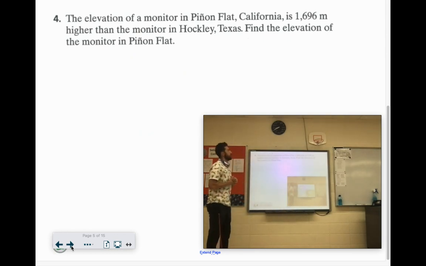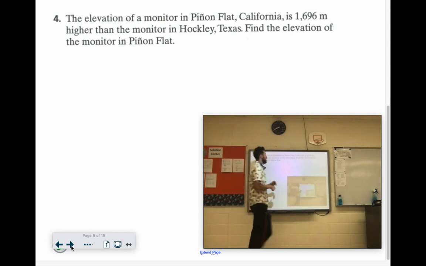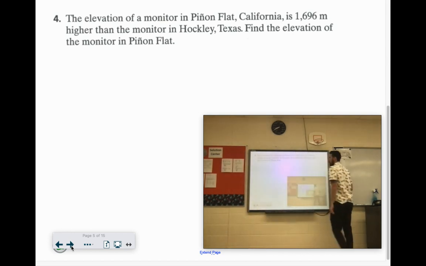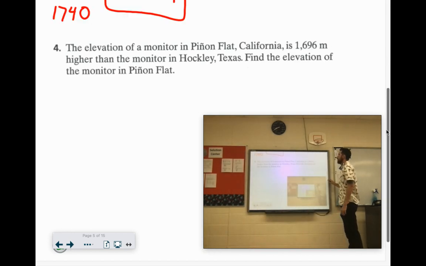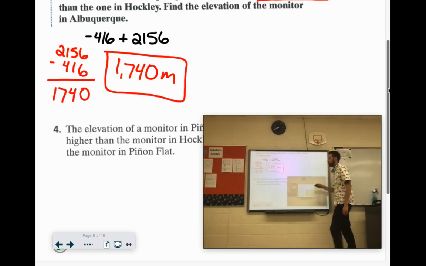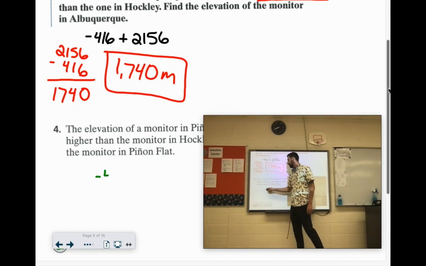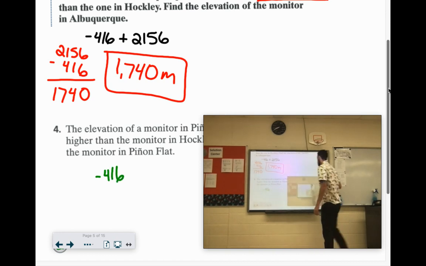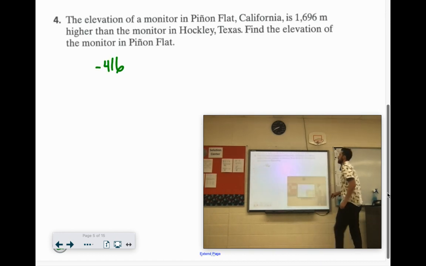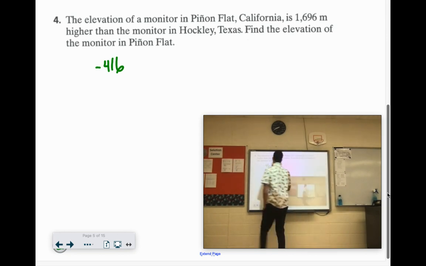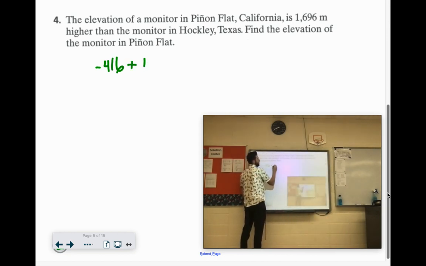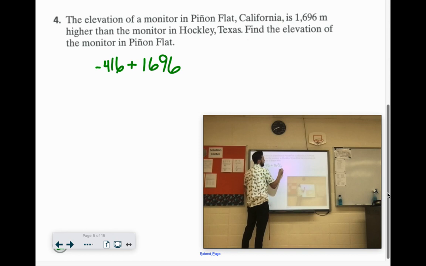The elevation of a monitor in Piñon Flat, California is 1,696 meters higher than the monitor in Hockley, Texas. Find the elevation of the monitor in Piñon Flat. All right, so Hockley was the one, negative 416. We are going 1,696 meters above that, so positive 1696.